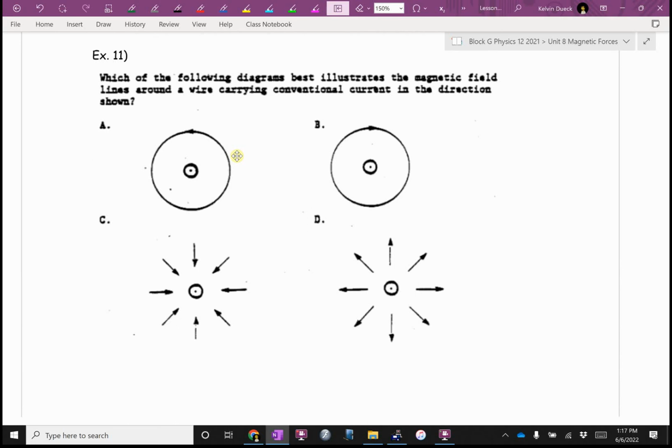What's that little circle with a dot meant to illustrate? I guess it's telling me that the current is coming out of the page towards me. So use your right-hand rule for a current-carrying wire and circle whether you think the correct answer is A, B, C, or D. Example 11. What's the correct answer?